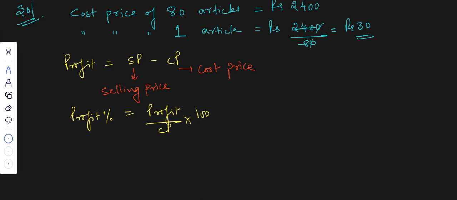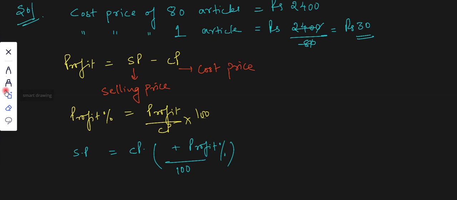Okay, I'll use one formula here, that is SP is equals to CP multiplied by 1 plus profit percent, this is 100, and this is also 100. I'll make it simple here. So 100 plus profit percent divided by 100.